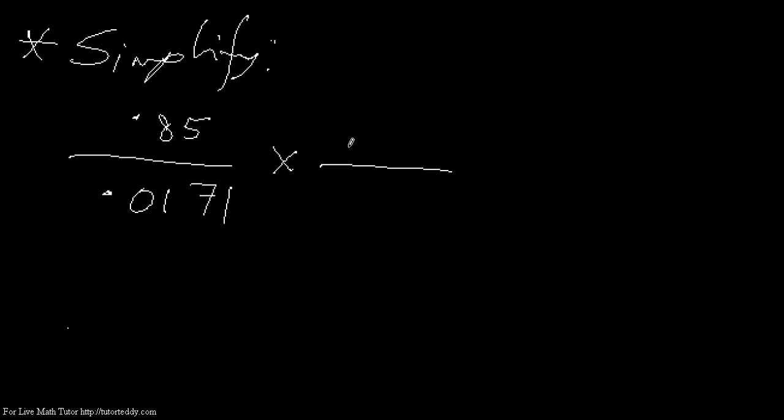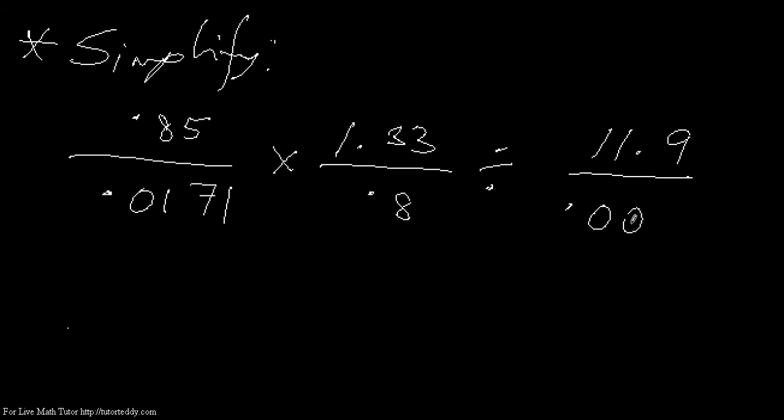So this goes like this: 0.85 divided by 0.0171 multiplied by 1.33 divided by 0.8 divided by 11.9 divided by 0.0072, right? So how do we go with it?